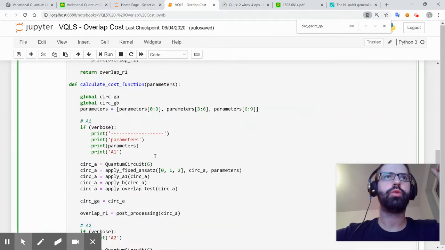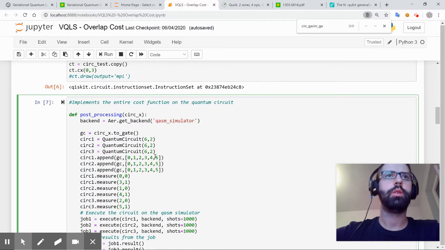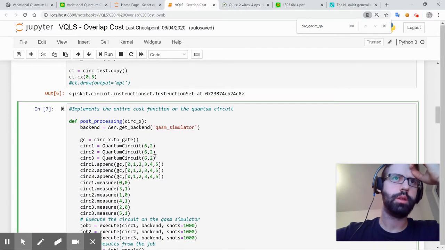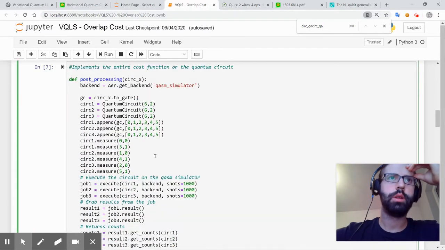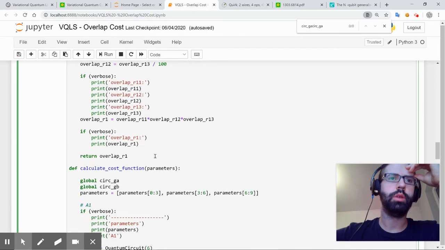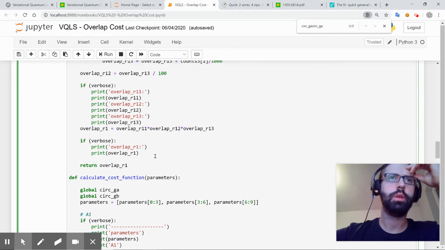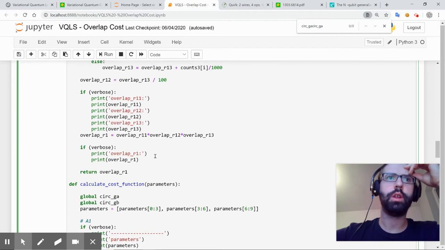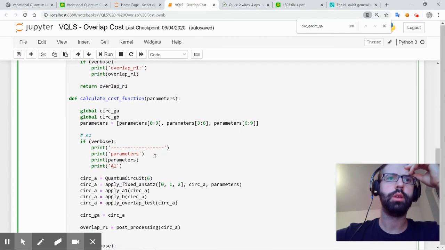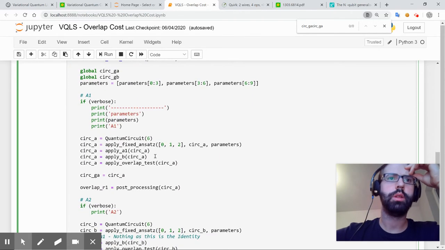I want to try to calculate. So what does post-processing do? It returns, so you give it a circuit and it returns the overlap.